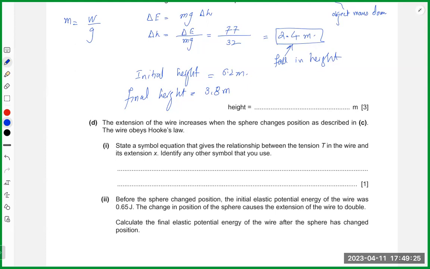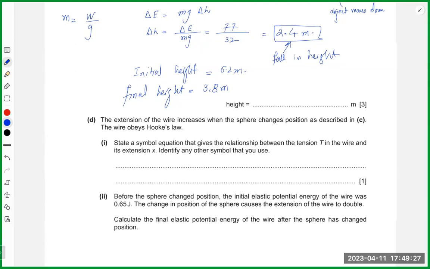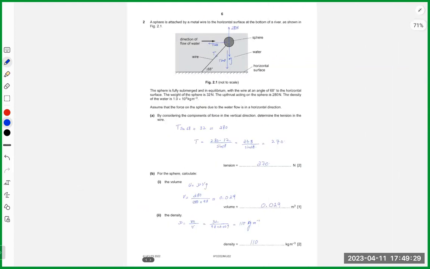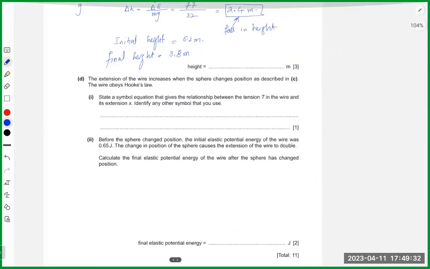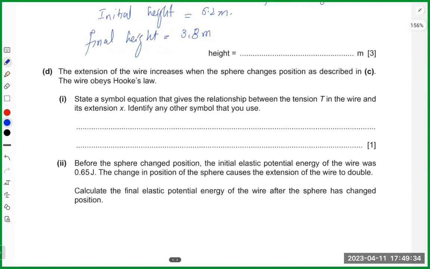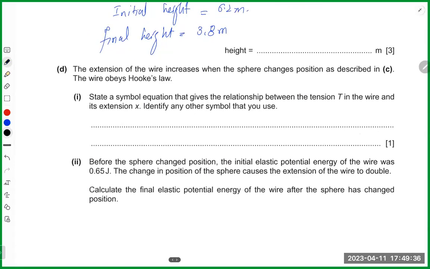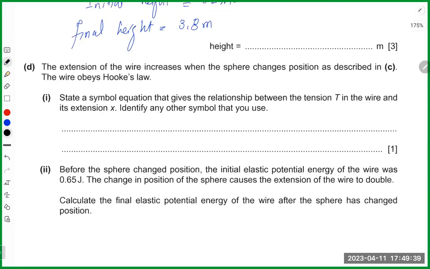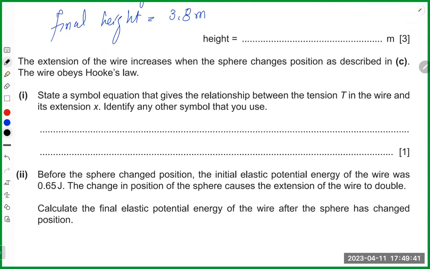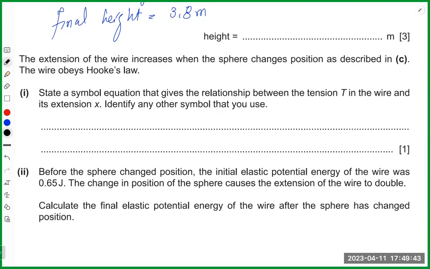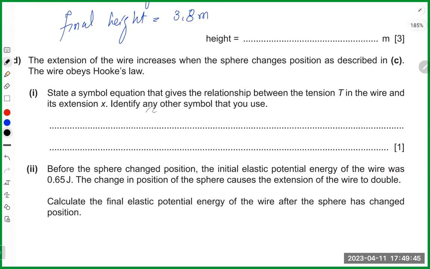T equals Kx, where K is the spring constant.